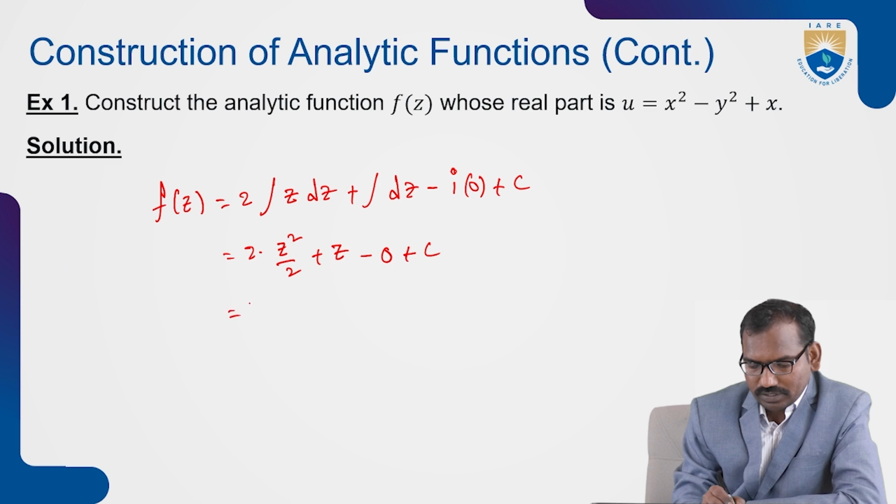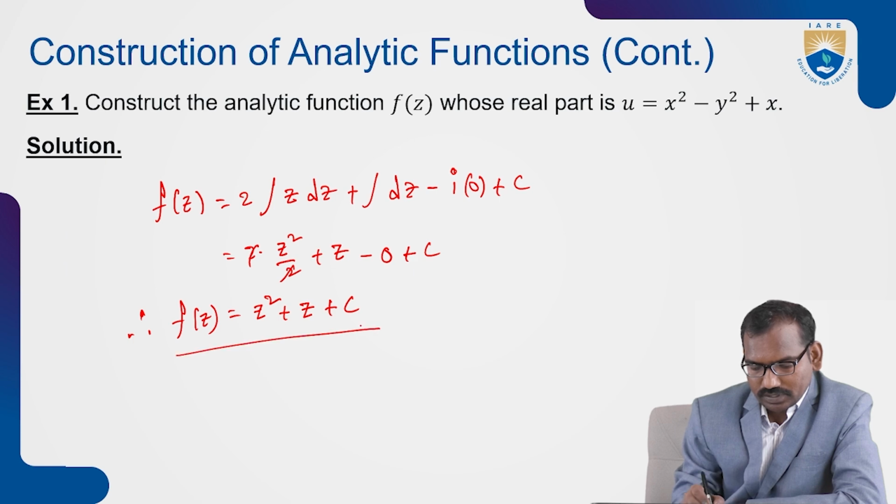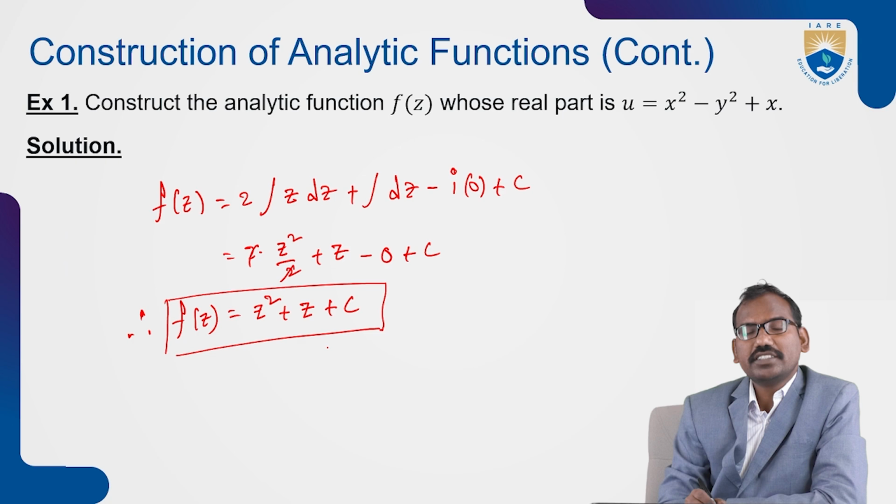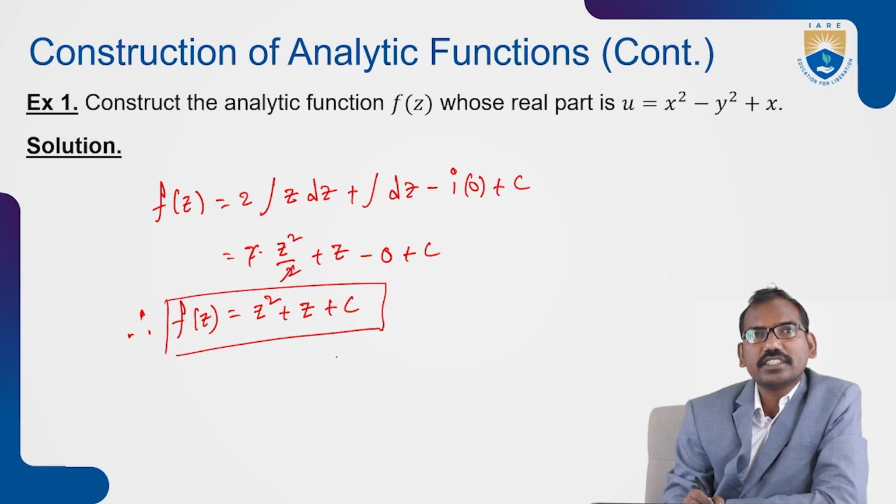So 2 gets cancelled here, and it is z square plus z plus c. What is this? It is f of z. Therefore f of z is z square plus z plus c.